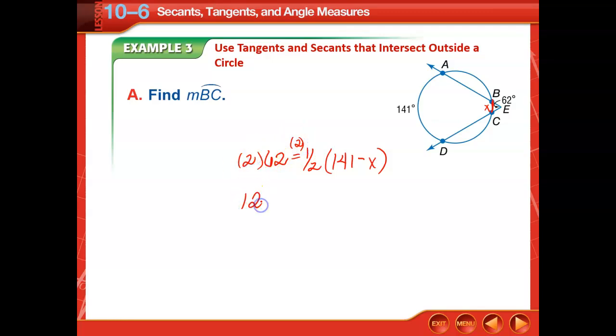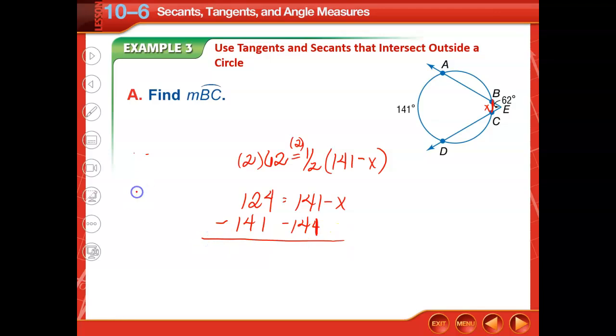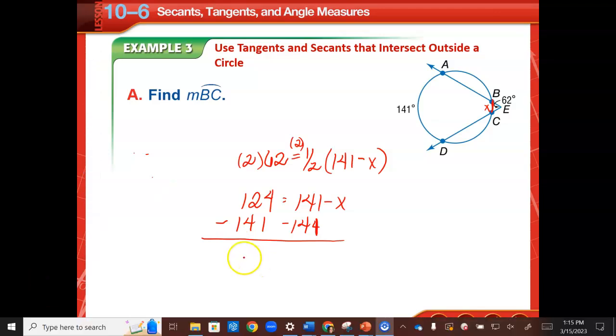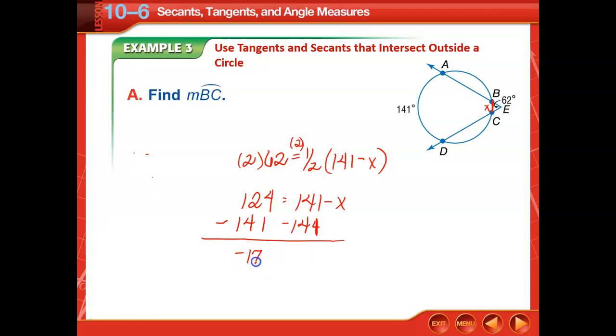So I get 124 equals 141 minus X. Subtract 141, and I get negative 17 equals negative X. Then I can divide both sides by negative 1. So X equals 17.